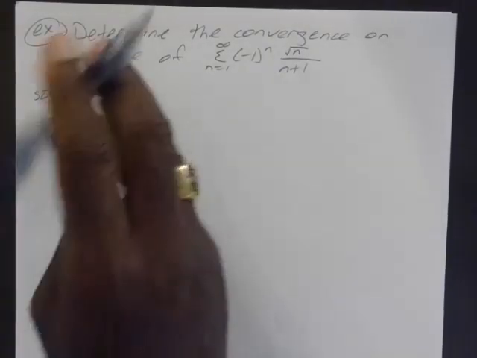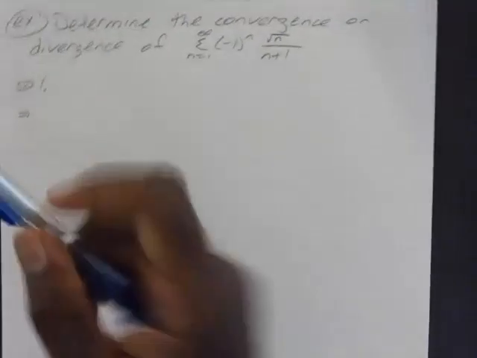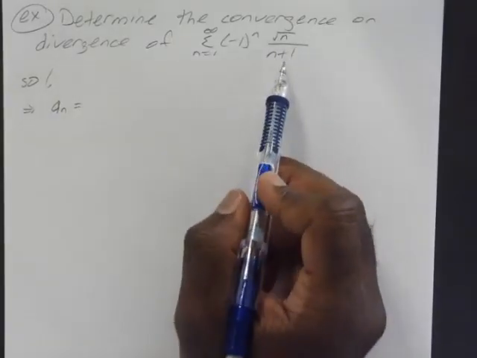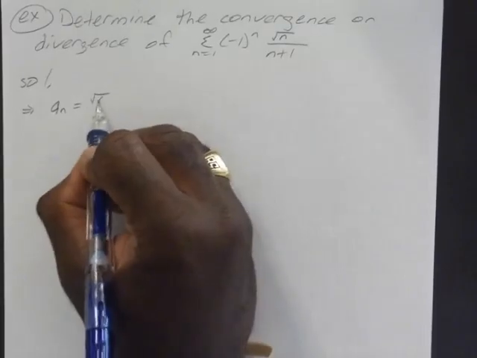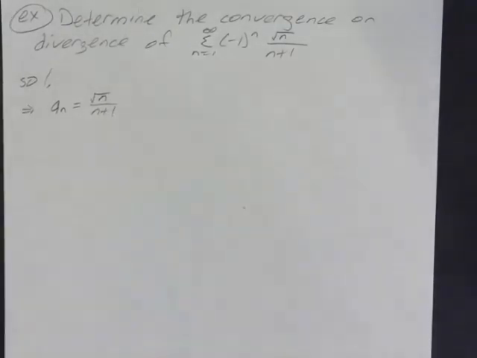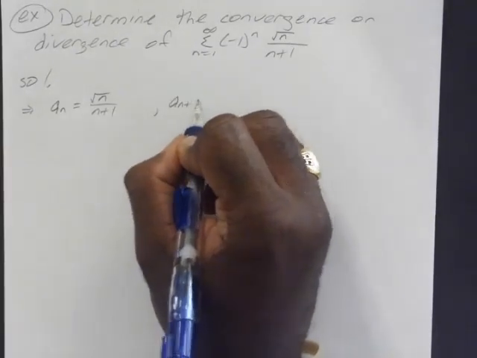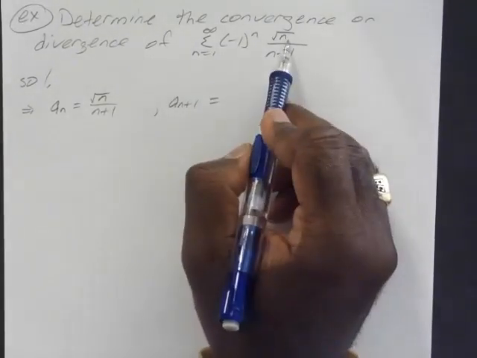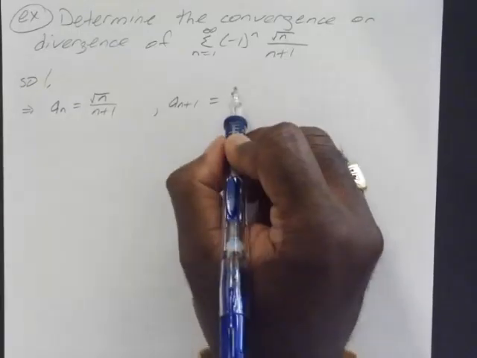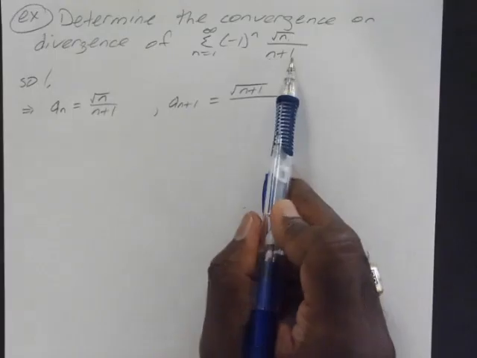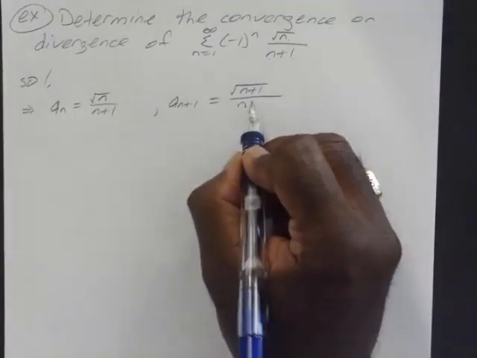We know for your a sub n is equal to square root of n over n plus 1. And your a sub n plus 1 is the square root of n plus 1 divided by n plus 1, which is n plus 2.